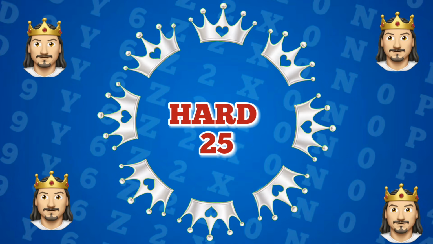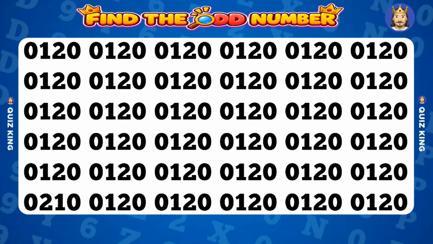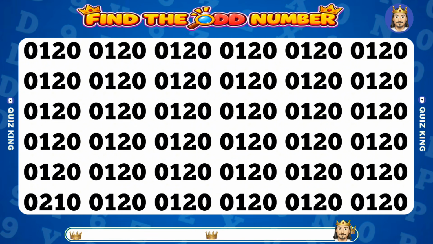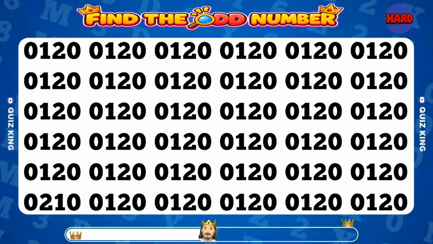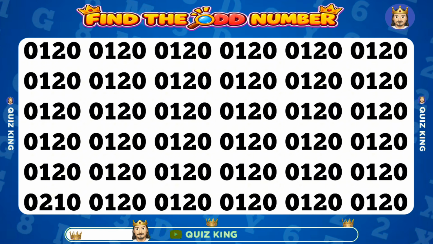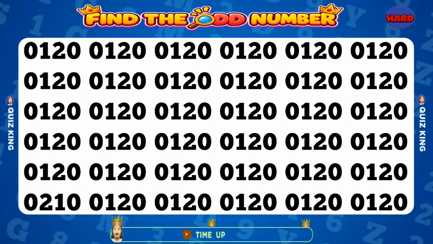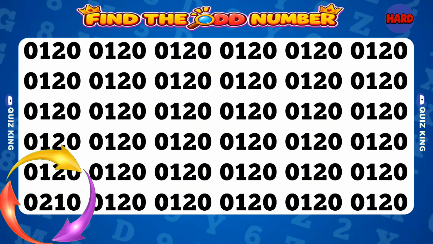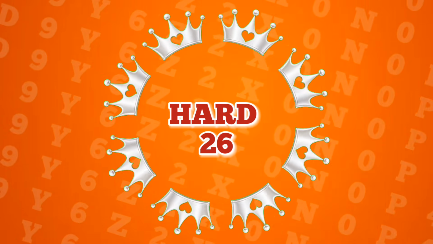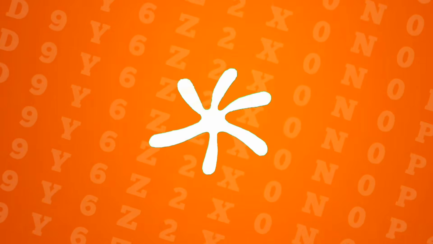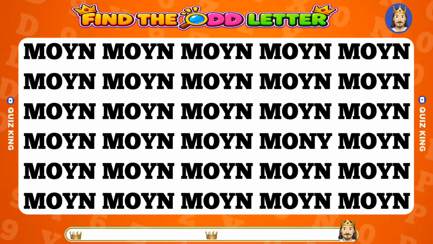Come on, viewers, start with hard level. Hey, oddity spotting, find the odd number within time. Hey, come fast, find the odd letter within 10 seconds.